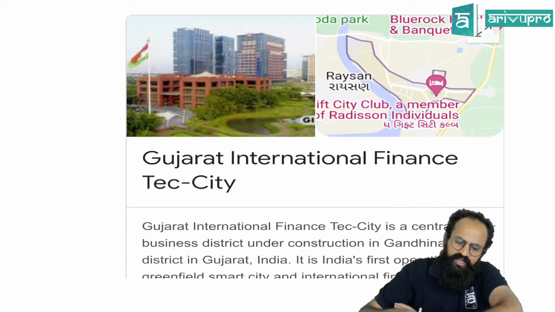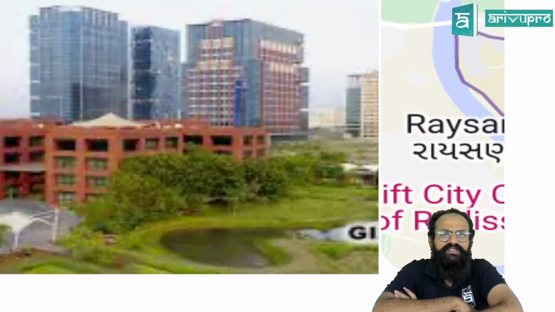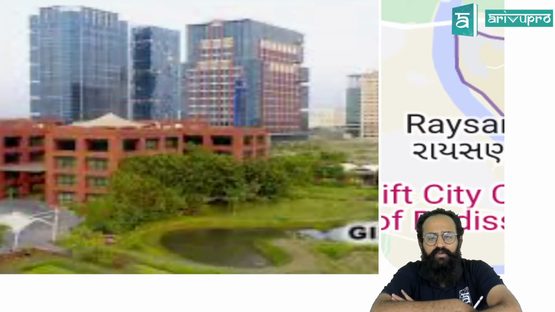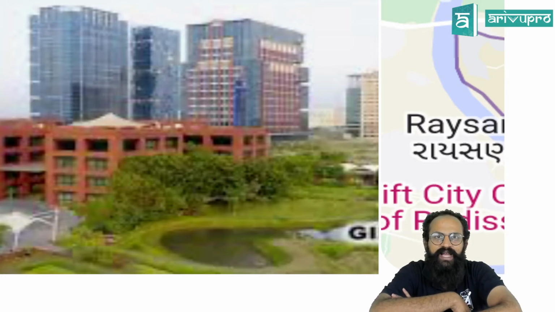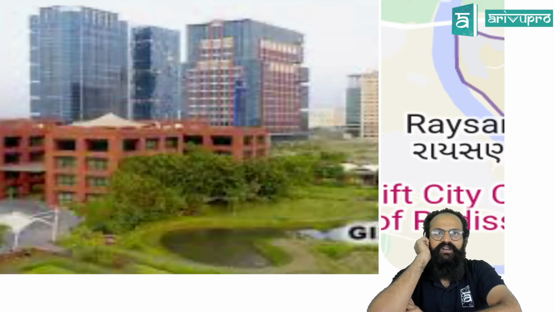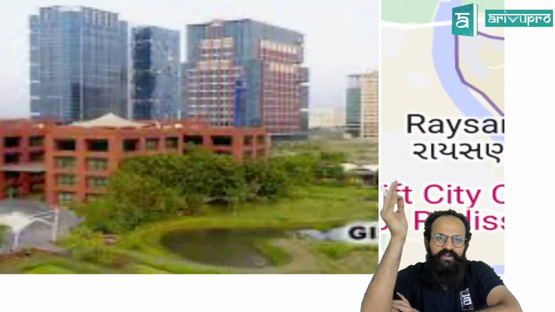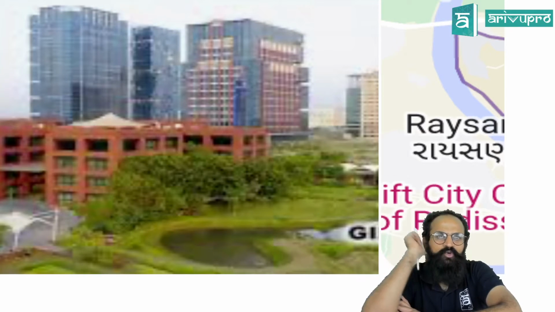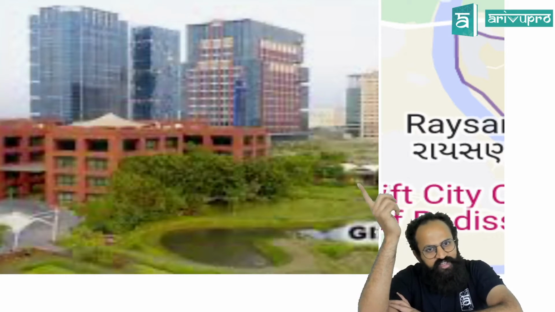Now, in this building, more than 300 companies are set up there, for example Northern Trust, JP Morgan, and such investment banking companies, Deutsche Bank. All these companies are set up here. Now, you can invest through them. This is in Gujarat.